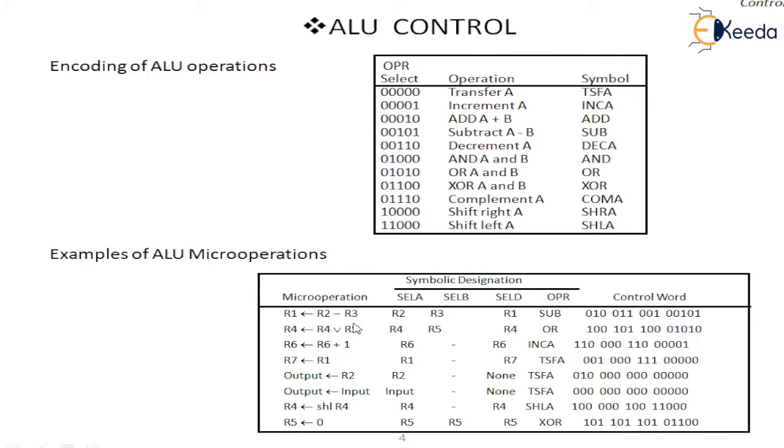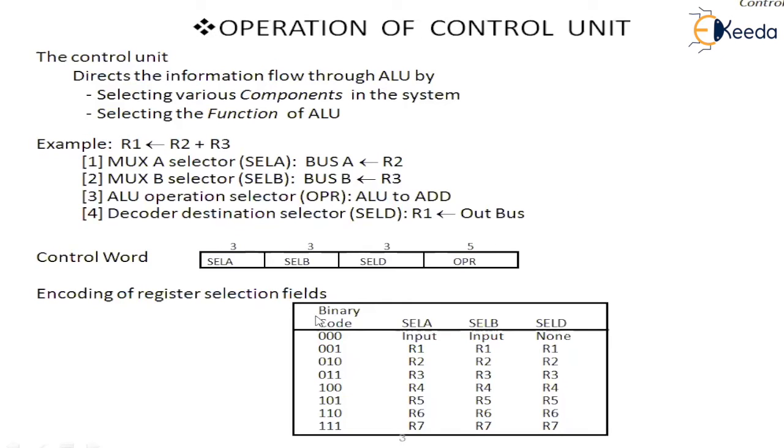So at that time, the control word must be, you know the control word, right? In the control word, the first field, Sel A, is going to select the first source register, Sel B is going to select the second source register, Sel D is going to select the destination register, and OPR is going to select the operation that needs to be performed in the ALU.